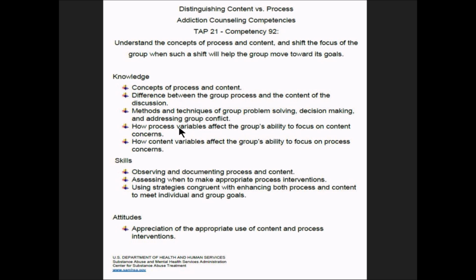So let's just have a look at this word process. If we go back to when we were discussing the definition of recovery as a process of change, it goes on from there. If you wanted to look up what process means, it's a clinical word that we use a lot. Process is defined as a series of steps or actions to achieve a particular goal or outcome.